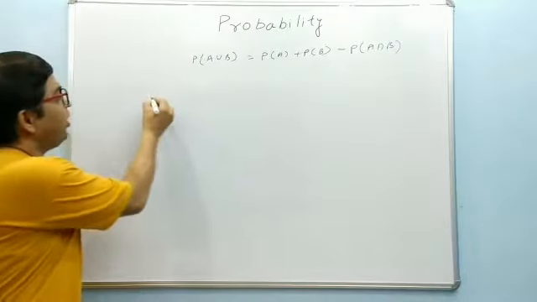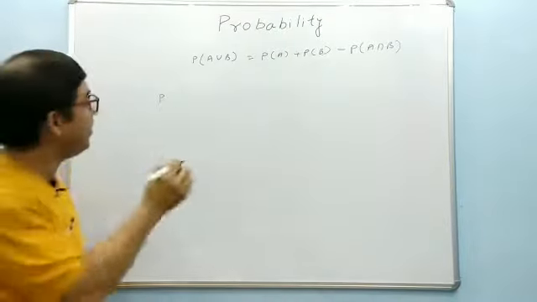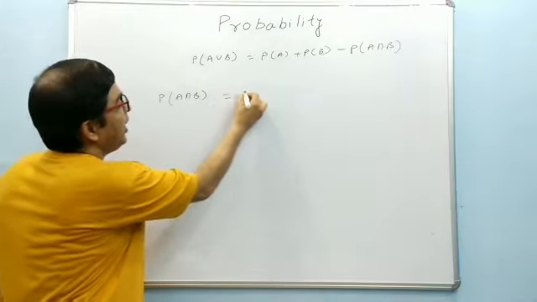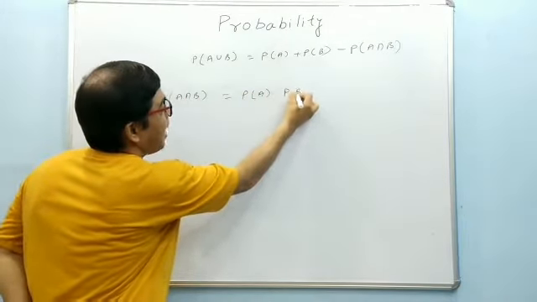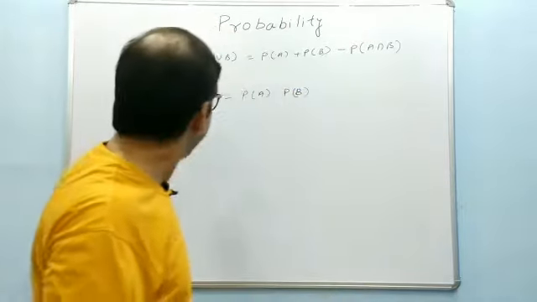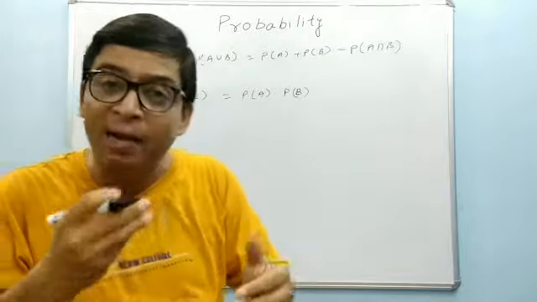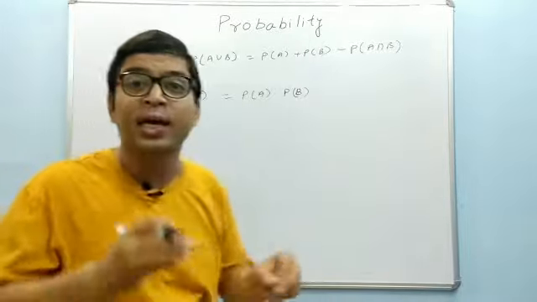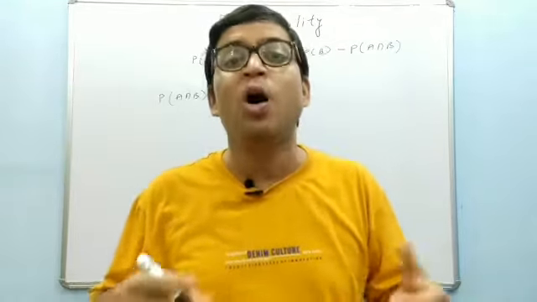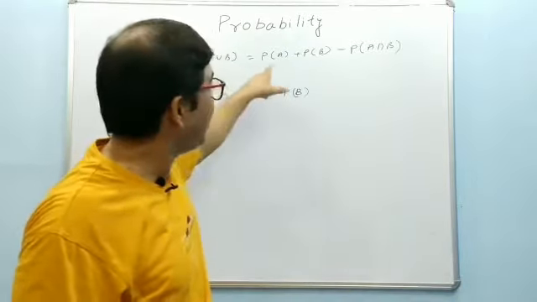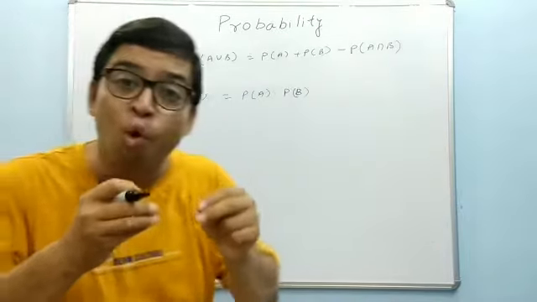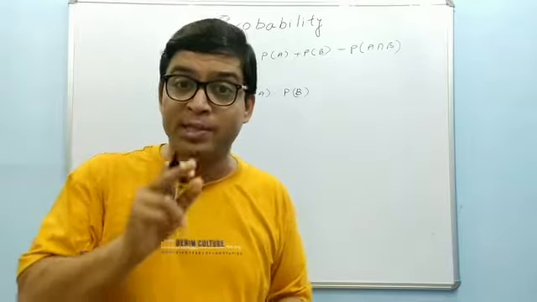If 2 events are independent events, we also know that P(A intersection B) is P(A) into P(B), happening of A into happening of B. That is, A is happening and B is happening. The meaning of P(A union B) is at least one of them is happening: either A is happening or B is happening or both are happening. A intersection B is both. Now one particular problem I am discussing here.